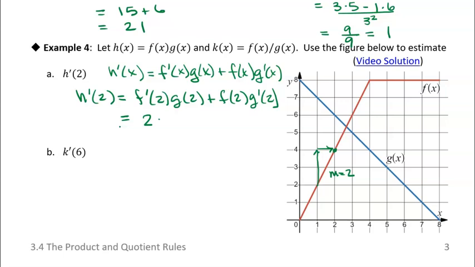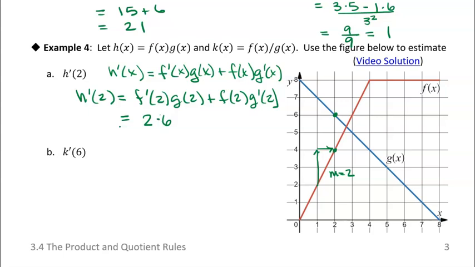And then I'm going to multiply that times g of 2. So I'm going to come up here to the g function, and g of 2, that's just the y value of the function. So I'm going to multiply that times 6. So I have 2 times 6. Hopefully that looks clearly like a times. I could use parentheses, I suppose would be better.